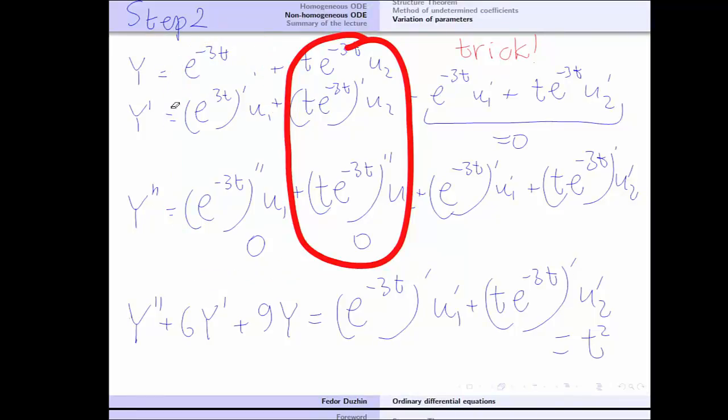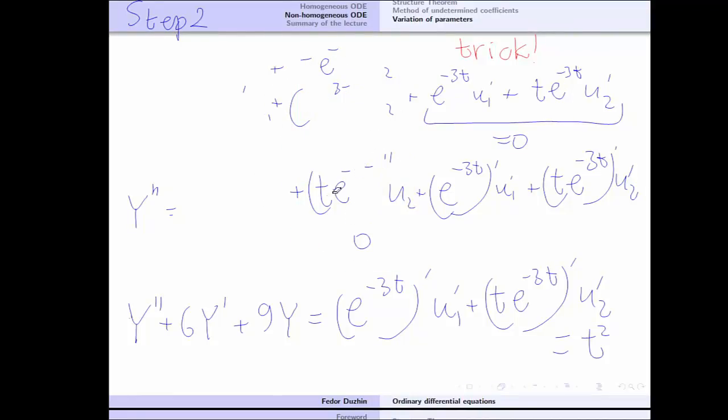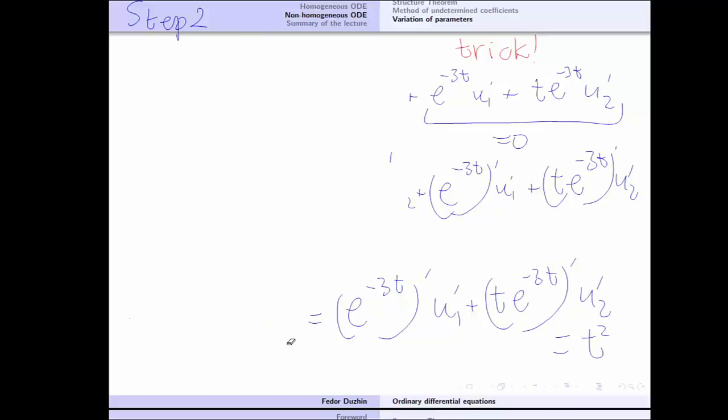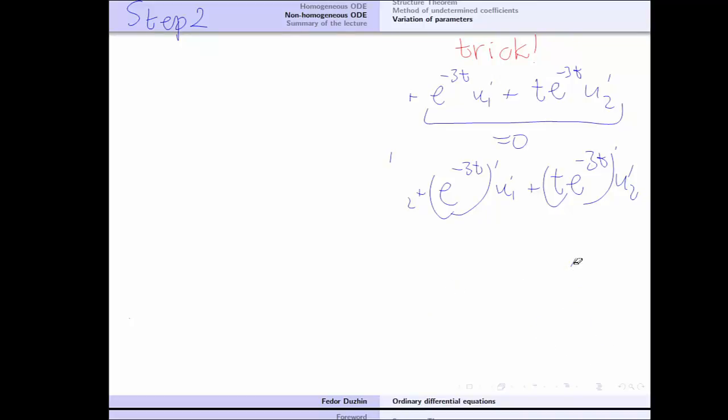The main result of step 2: if we want to find a particular solution of the non-homogeneous differential equation, then we can look for it in the form u1 times the first solution of the homogeneous equation plus u2 times another solution of the corresponding homogeneous equation, and these two functions u1 and u2 are supposed to satisfy certain extra conditions, right?